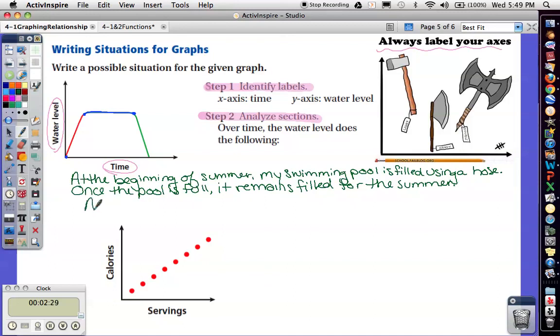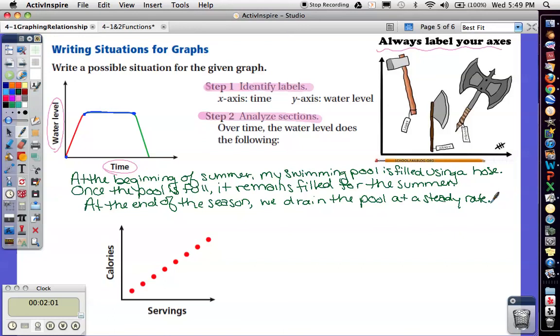At the end of the season, we drain the pool at a steady rate. All right? Never said it wasn't a baby pool, but there you go.